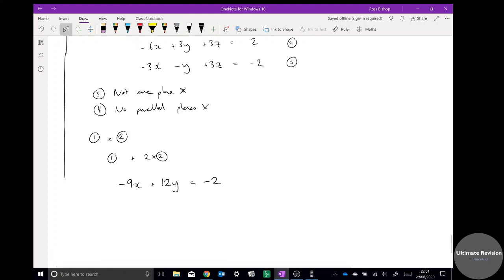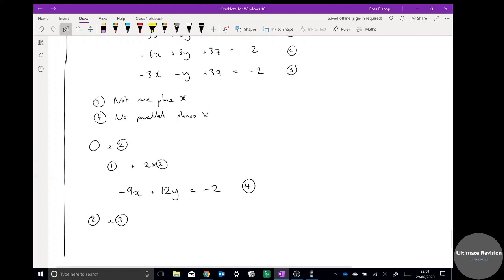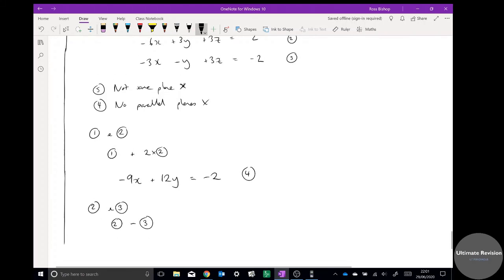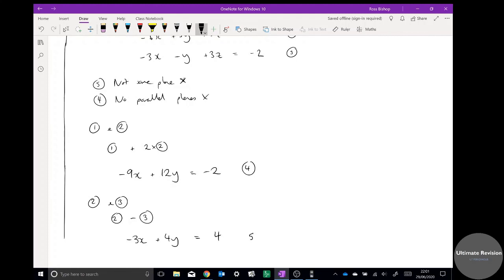Let's call that equation 4. And then if I use 2 and 3, I just need to minus them again. So 2 minus 3, I get minus 3x plus 4y equals 4. Equation 5 there.